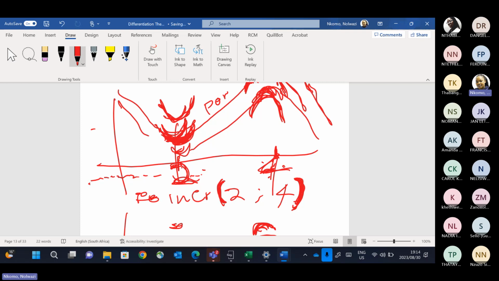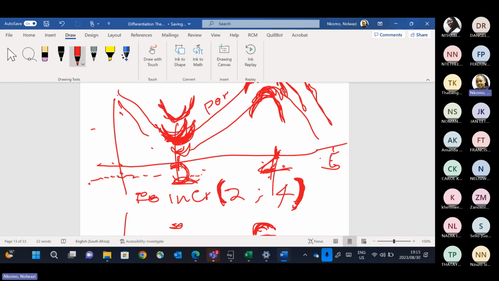If we were told maybe that x is between 0 and 5, then we're going to say this function is decreasing from 0 to 2 and decreasing from 4 to 5. But the boundaries of this function were not given. So we just assume that this function is from negative infinity to positive infinity.